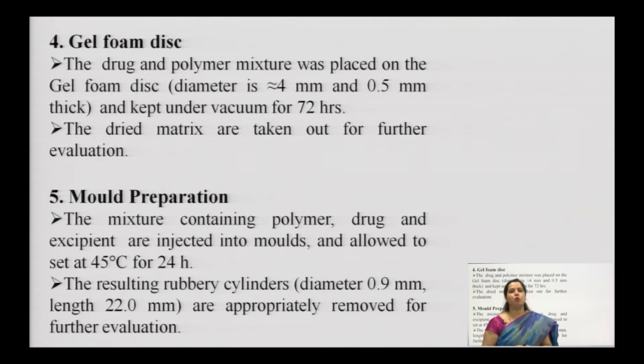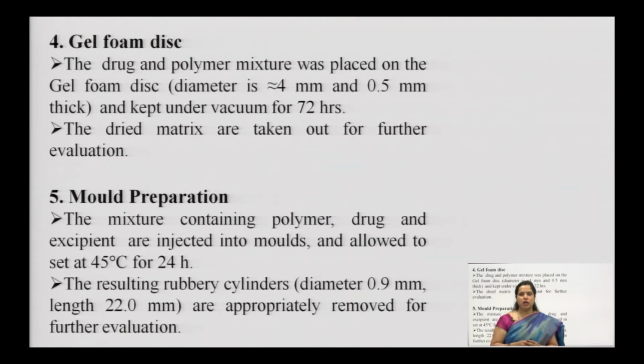The next method is mold preparation. In this method, the mixture of polymer, drug and other excipients is injected into a mold and allowed to set at 45 degrees centigrade for 24 hours. You see, in all these methods we allow the dispersion or mixture to set into the shape of inserts or films for 24 to 48 hours.